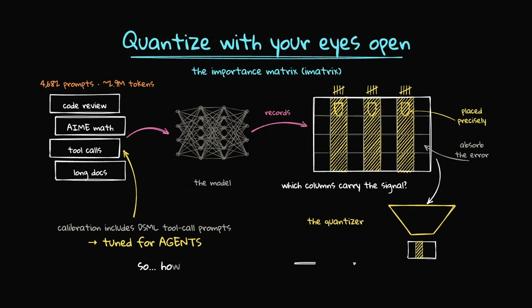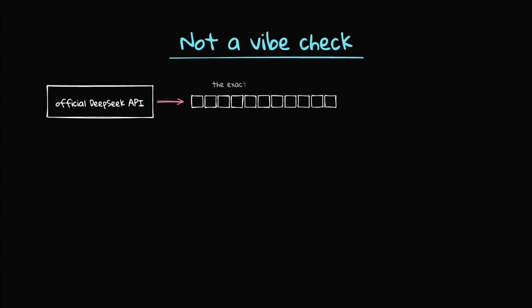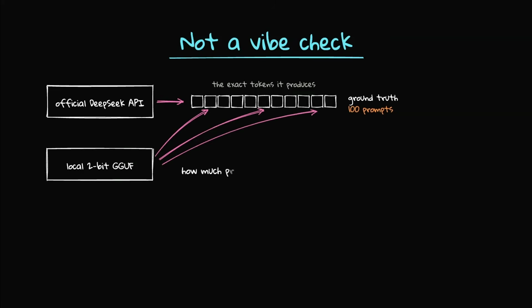Okay, so the model fits and it was quantized carefully. The obvious question is, how much did it lose on performance? Now, they take 100 prompts, send them to the official DeepSeek API, and record exactly which tokens it produces. This is going to be used as ground truth. Then they ask the 2-bit local model, how much probability did you assign to each one of those exact tokens?